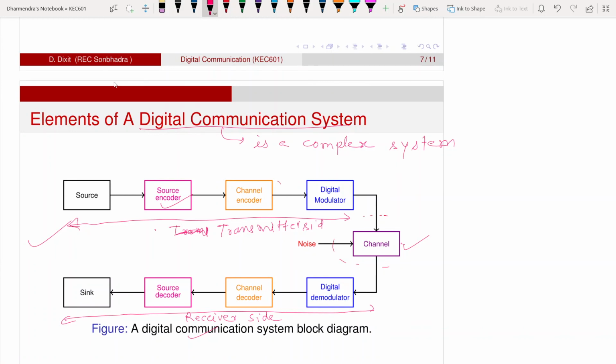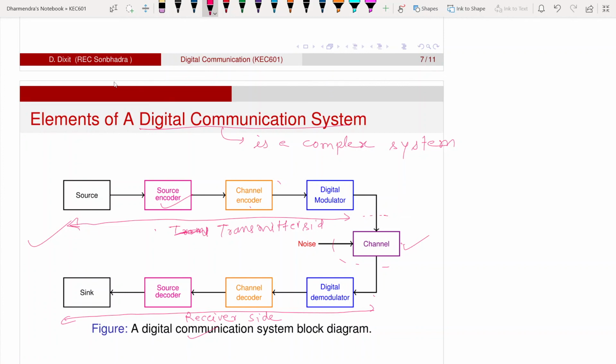Then the channel encoder output goes to the digital modulator. It will modulate according to the digital modulation scheme, and this modulated message is transmitted through the channel, which is also subject to noise. Then the output of the channel goes to the digital demodulator, which demodulates the message, and then it goes to the channel decoder. The channel decoder does just the reverse process of the channel encoder.